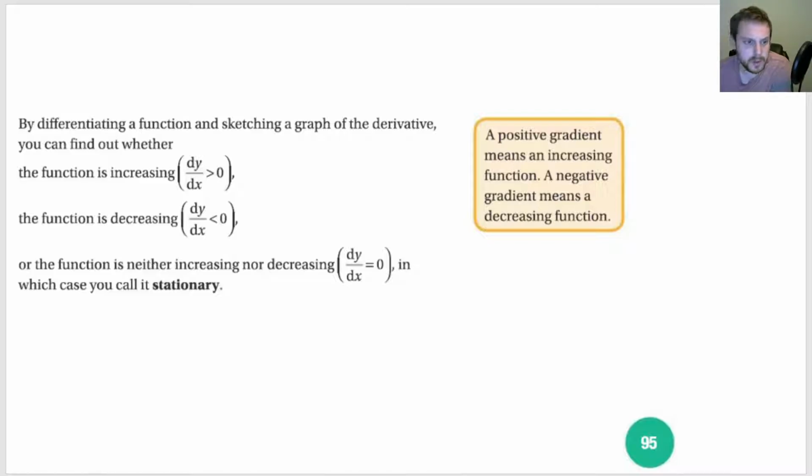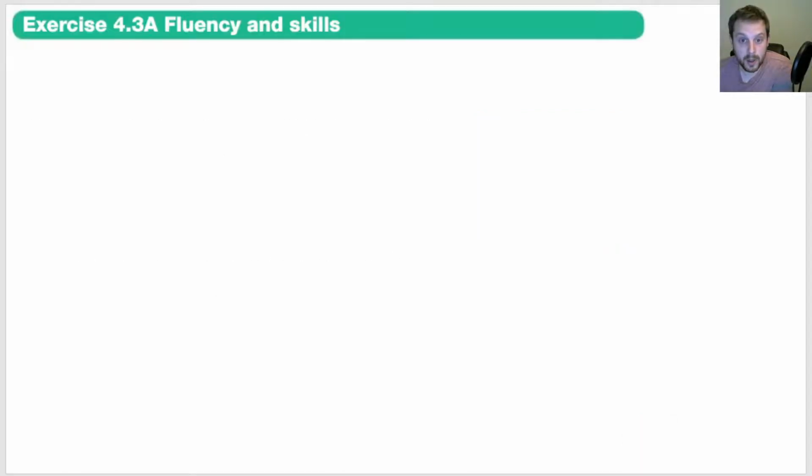So for the rest of period 1, and maybe some of period 2, depending on how long the Bell Task and Starter took, you would have a go at exercise 4.3a. When I look at exercise 4.3a, question 1 is just differentiating and substituting in a value.